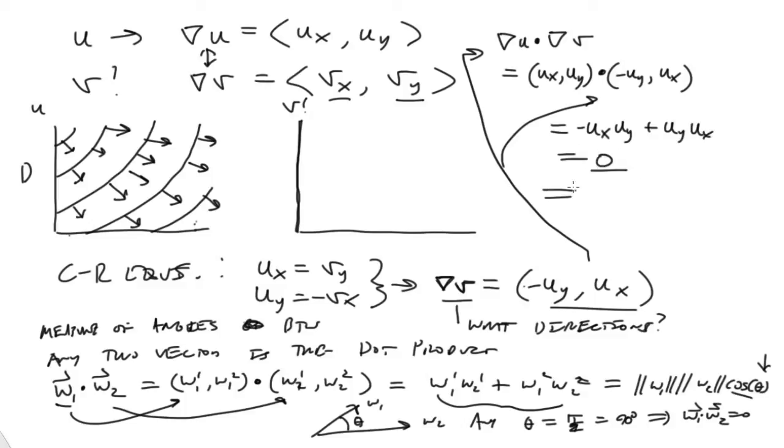All right, so we can conclude then that the gradient field of u is perpendicular to the gradient field of v.